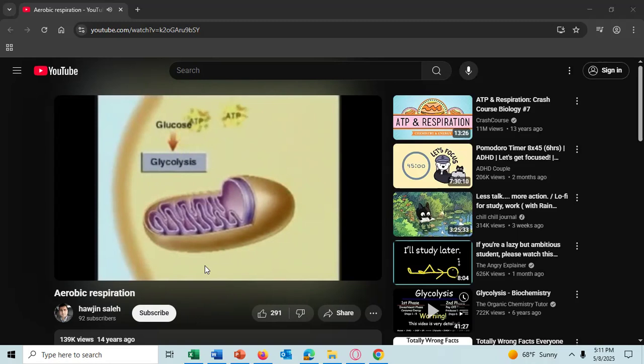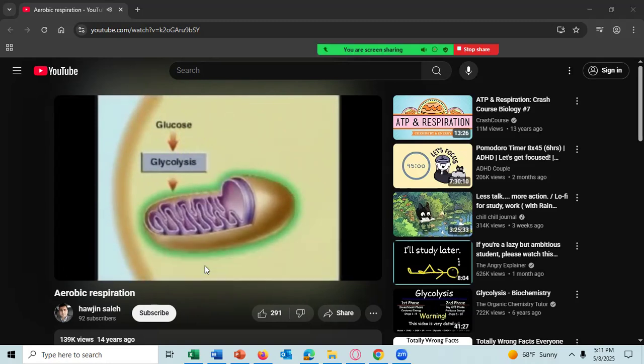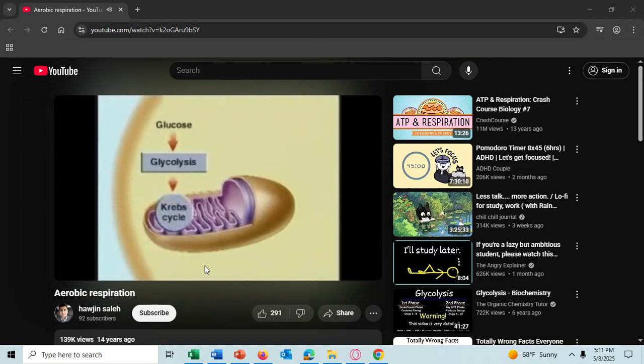The next 2 stages of aerobic respiration are carried out in the mitochondria. Pyruvate enters a mitochondrion. Once inside, it is modified and enters the Krebs cycle. The reactions of the Krebs cycle break the pyruvate molecules down to carbon dioxide, create 2 more molecules of ATP, and energize more electron carrier molecules.